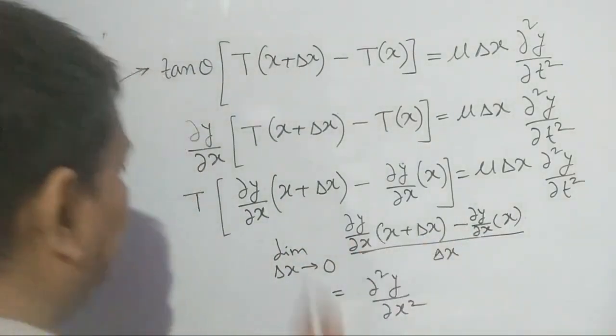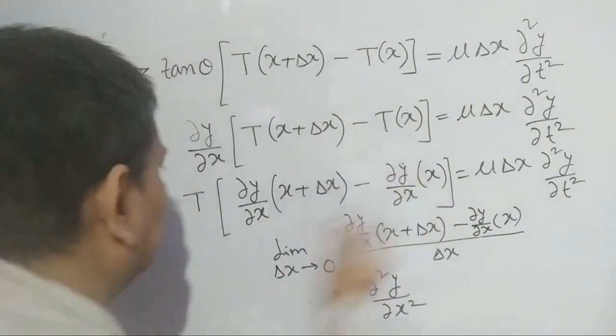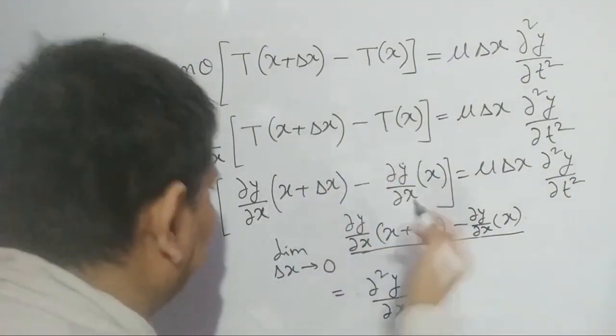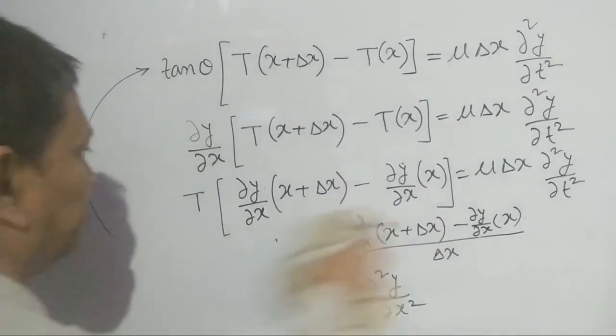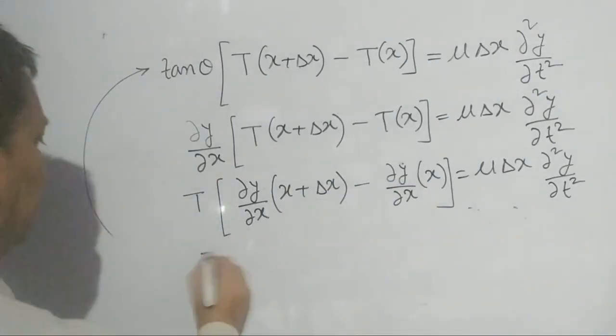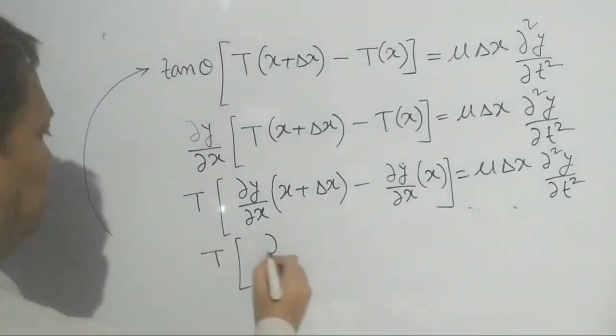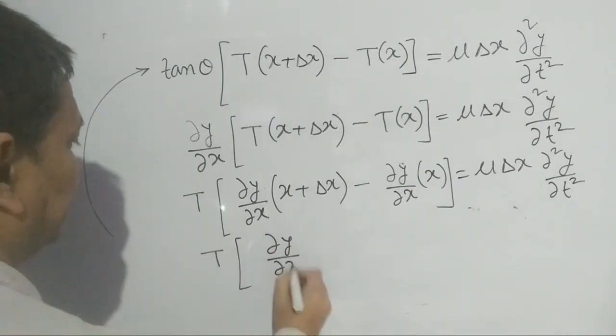Okay, but here we do not have this divided by delta x. So what can we do? We can write this thing as T, del y by del x.